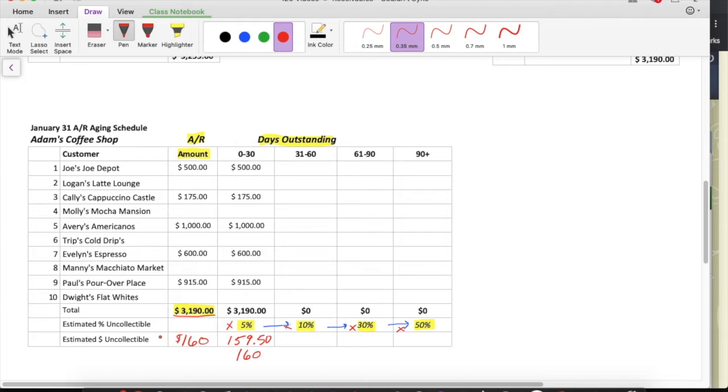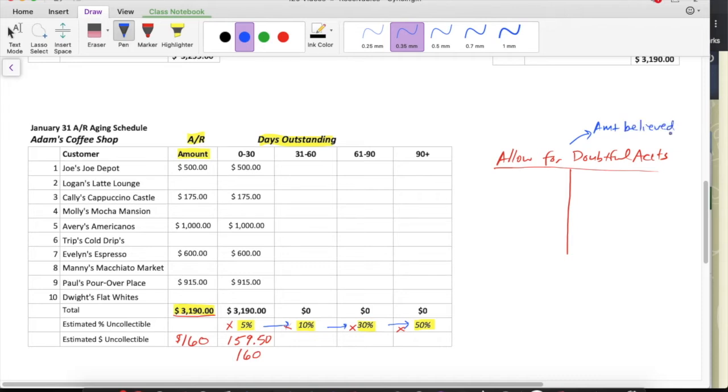So I go to my account. The next thing I want to do is look at my allowance for doubtful accounts T account. This T account represents the amount believed uncollectible.